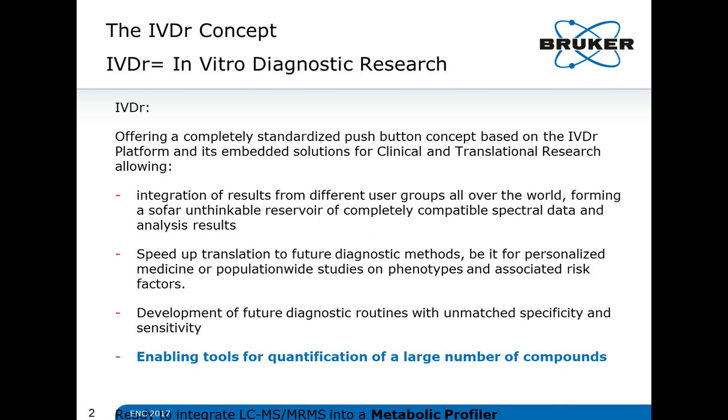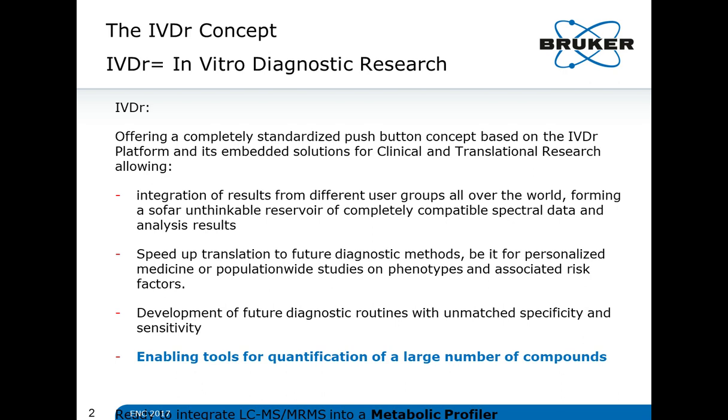IVDR stands for In Vitro Diagnostic Research. It is a completely standardized, fully automated concept using this 600 megahertz platform with predefined hardware and also embedded solutions for clinical and translational research.